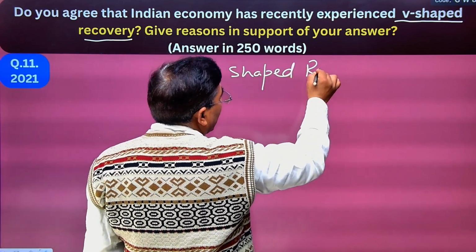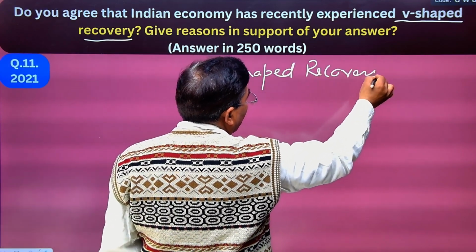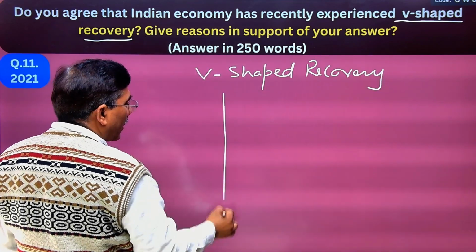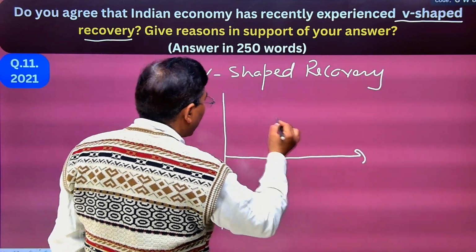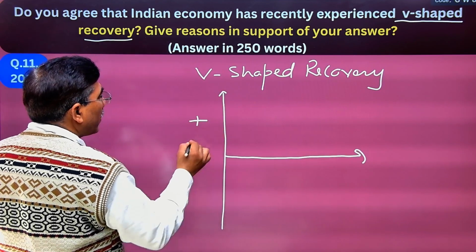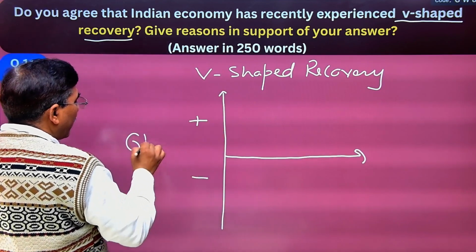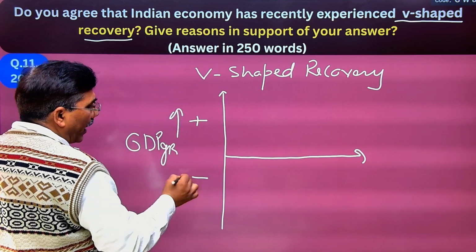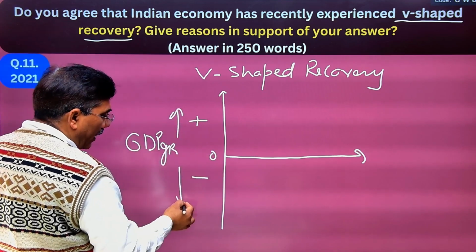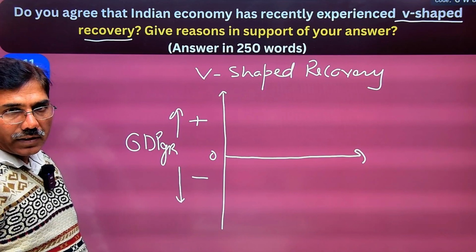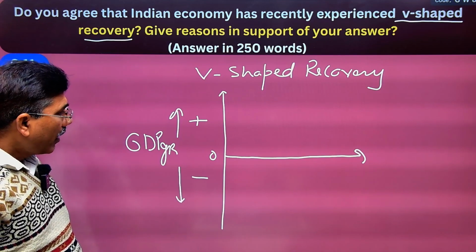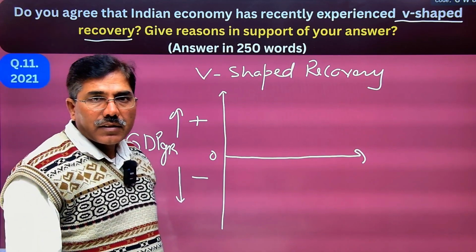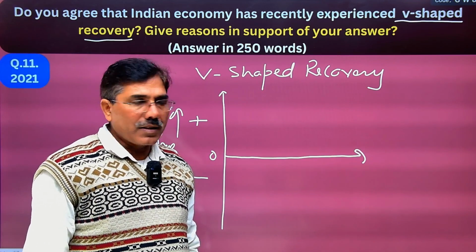V-shaped recovery means what? Suppose we are representing positive and negative growth rates. If our GDP growth rate is positive and then becomes negative, it will move downward. After COVID-19, the Government of India imposed restrictions.